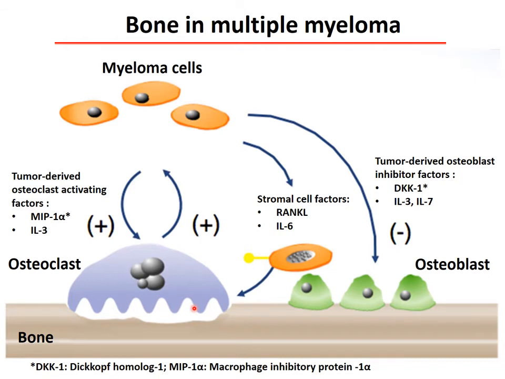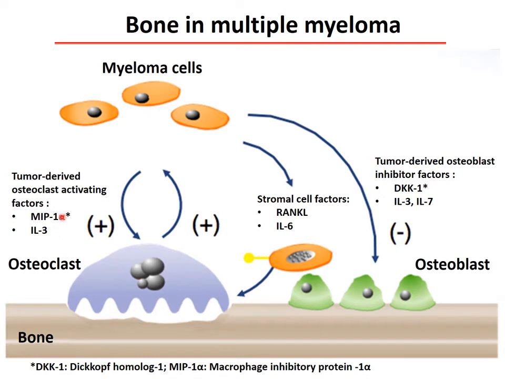After they figured out that these multiple myeloma cells, these plasma cells, secrete some ligand that can activate, for example, the RANK cycle and activates the differentiation or the function of the osteoclasts.